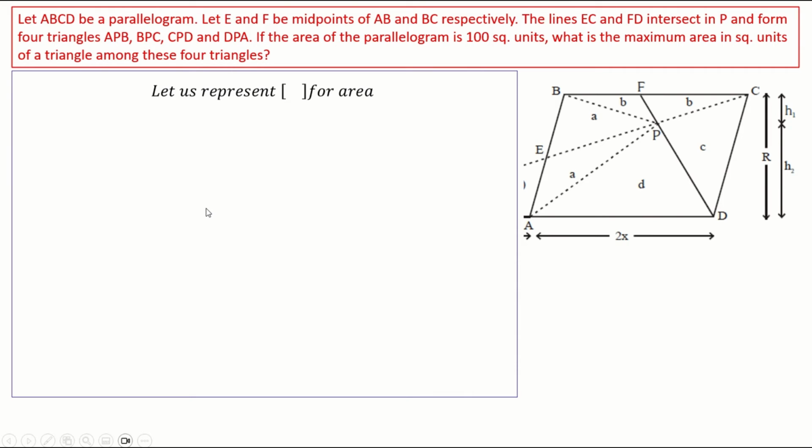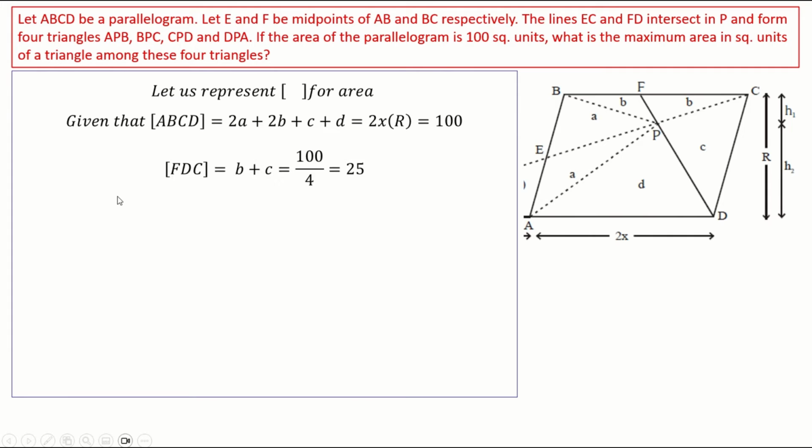Okay. So let us represent this symbol for area. Now area of ABCD equal to 2A plus 2B plus C plus D, which is equal to 2x into R, which is equal to 100. Okay. Now FDC is B plus C, correct, which is 100 by 4. Why?